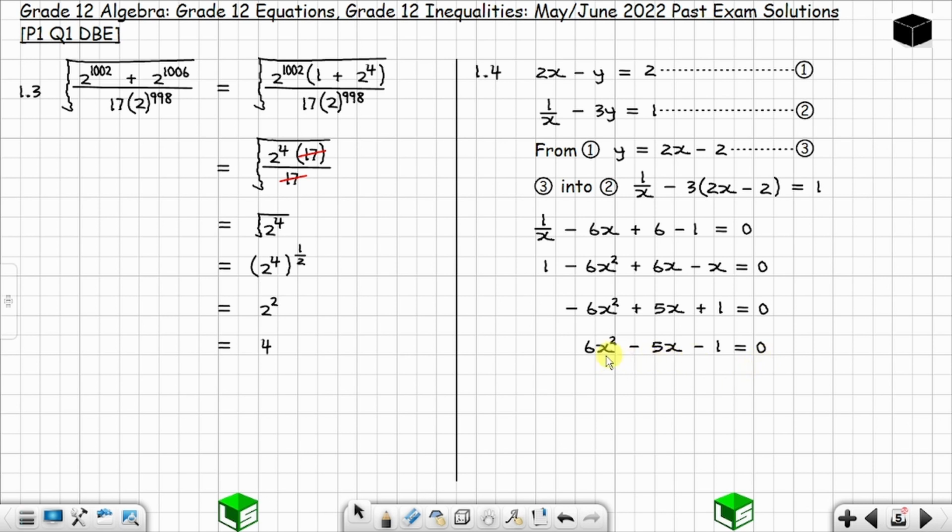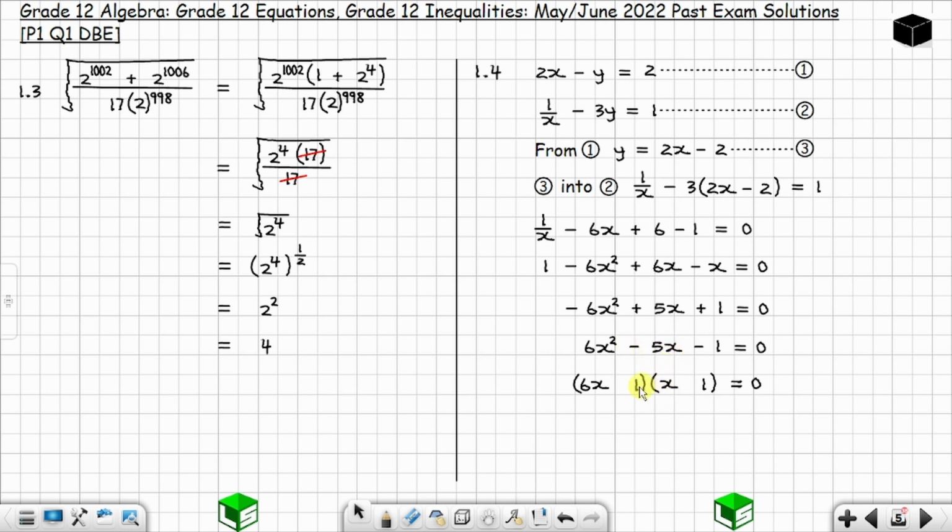From here, you can factorize this. You have 6x squared there. You can have 6x times x, which will give you 6x squared. You have 1 times another 1, which will give you 1. Now you have to get minus 6x and then plus x, because you want x minus 6x so that you can have minus 5x.